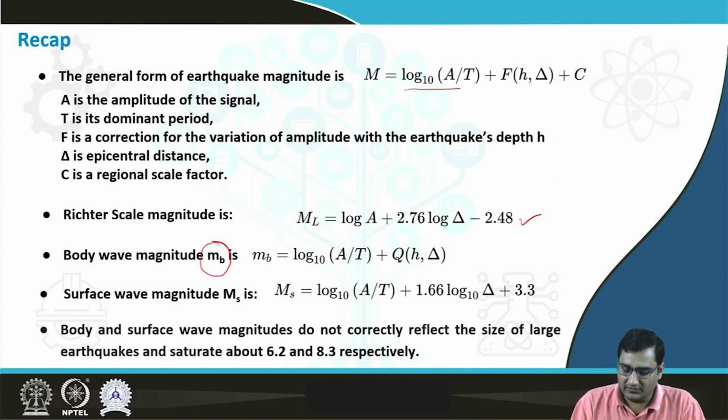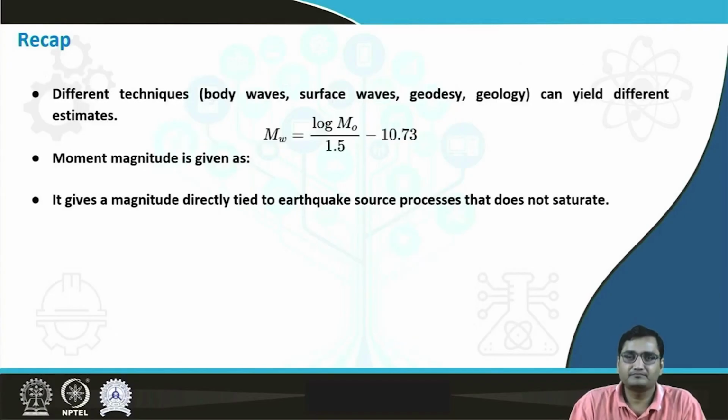So this is what we talked about in the previous lecture, that the body wave and surface wave magnitude scales do not reflect the correct size of a large earthquake. As the movement increases after a certain point, it doesn't reflect the size correctly. Different techniques, body wave, surface wave, geodesy and geology, can yield different estimates.